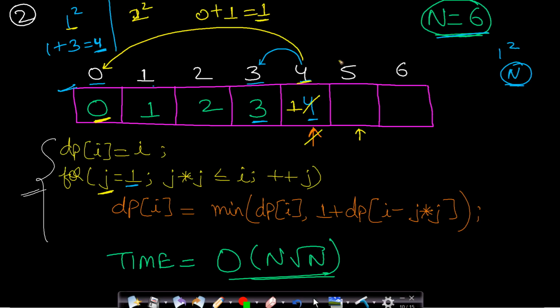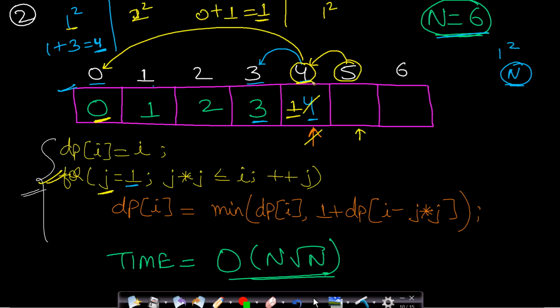So for this value n equal to 5, similarly you will repeat the process. The j value will start from 1. Okay, so this is the j value loop. In this case as well, the first split will be at a difference of 1 square, so you will reach this 4. So you can see that you can form this 4 by just using a single split, that is basically by making no split at all. So in order to form 5, how many chunks do you require?